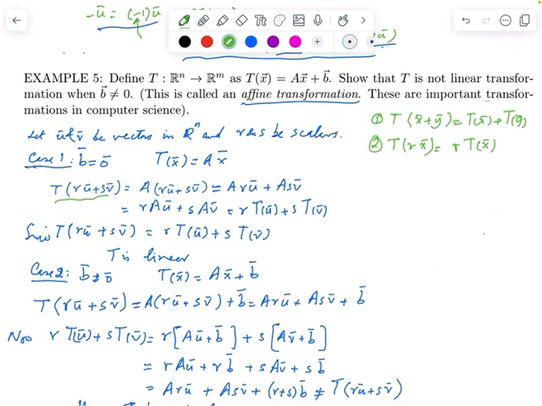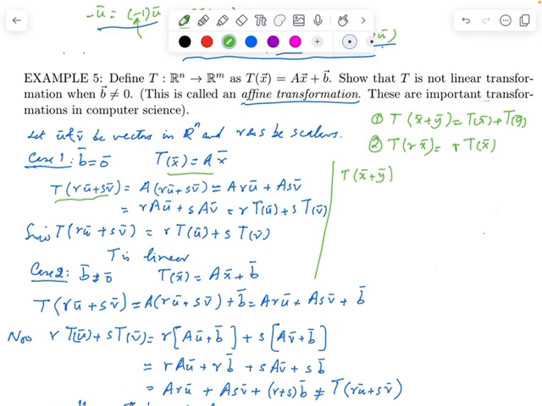We can just say it is not linear. So here I'm discussing two cases. First is the case when b is equal to 0. So when b is equal to 0, the transformation looks like T of x is equal to just A times x. And here is the work. If you are doing it using the first condition, you can take u, v, or you can take x, y, it's your choice.